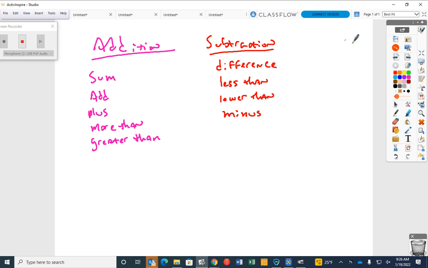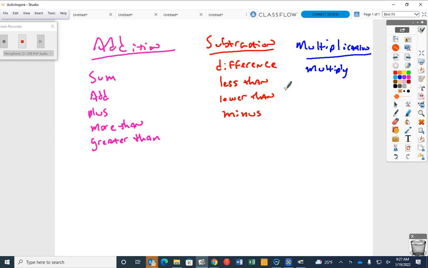What about multiplication? And again, this isn't exhaustive. This isn't all of them, but this is a lot of them. Some that remind us of multiplication: multiple, multiply. Another one?